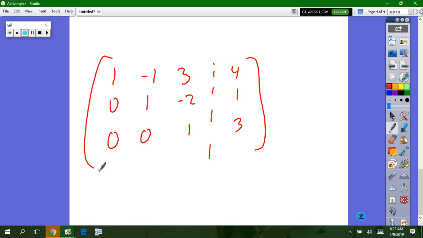All right, where do we want to go next if we wanted to do reduced row echelon? Where this negative 2 is, I want him to be a 0. How are we going to do that? I'm going to times row 3 by 2 and add that to row 2. Yeah.